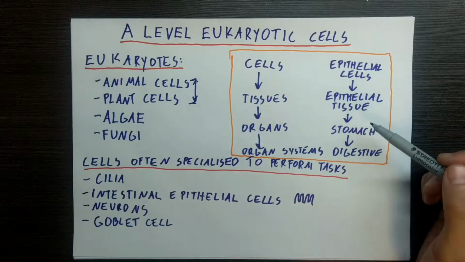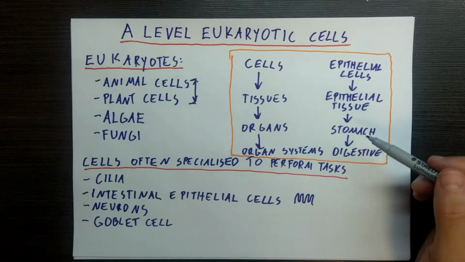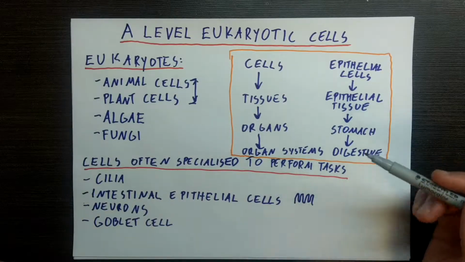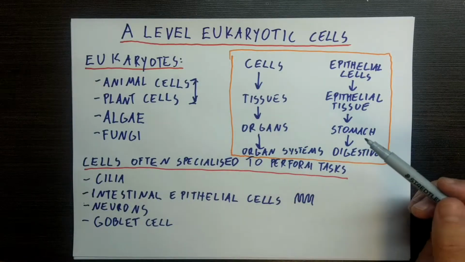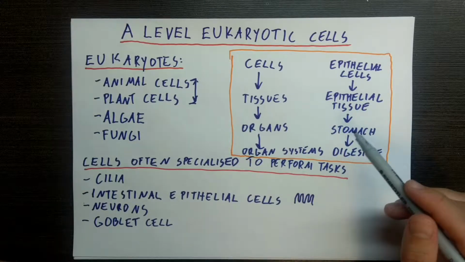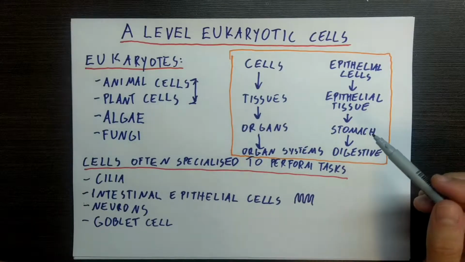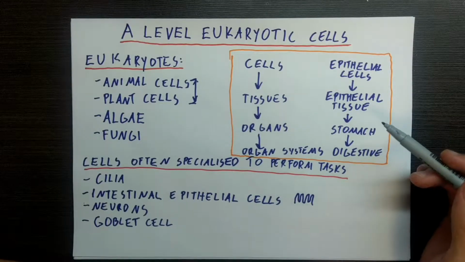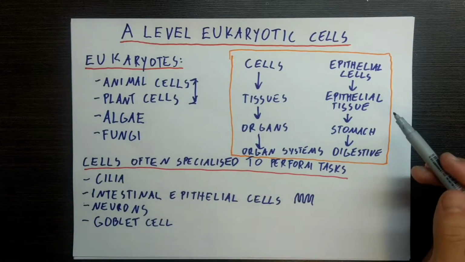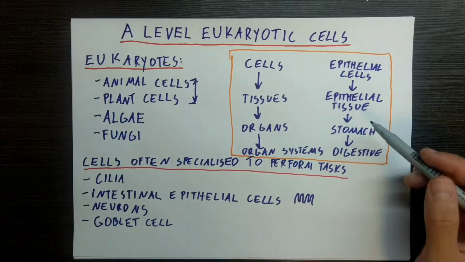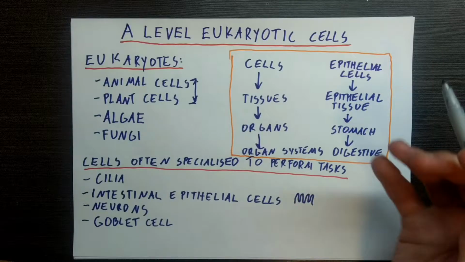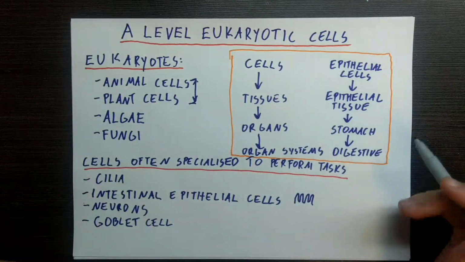One of them is epithelial tissue, but the stomach also has a glandular tissue to secrete various enzymes such as pepsin, and to secrete mucus to protect itself. Epithelial tissue forms a barrier and gives the stomach its shape. And it also has muscular tissue to contract and to mash up that food in the stomach.